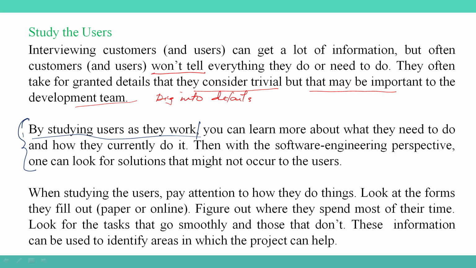So if they are doing some work, find out how they are doing it, and what they need to do, what modification they want, or how they want to do it. Number one, find out how they do it currently, and find out what they want in addition.